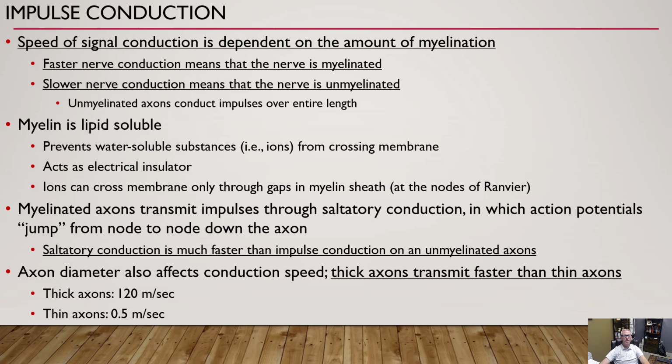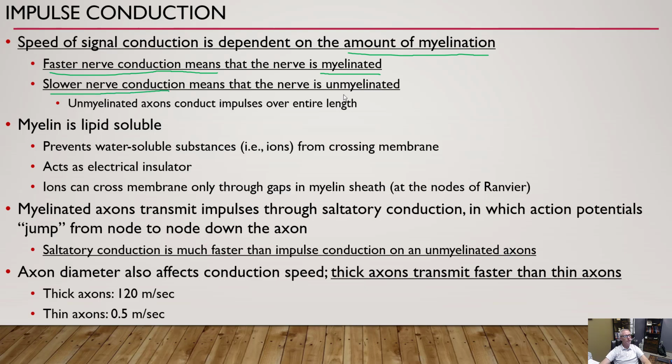All right, so I mentioned that myelination is good for increasing the speed of conduction of that electrical impulse down the length of that axon, and it's dependent on the amount of myelination. So faster nerve conduction means that the nerve is myelinated.